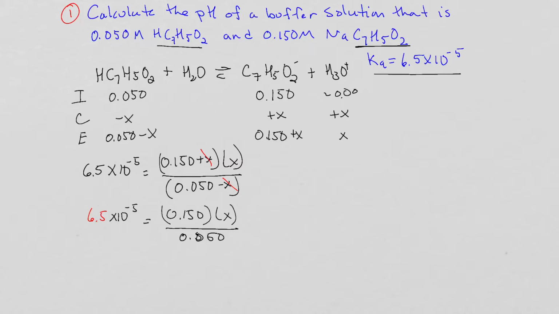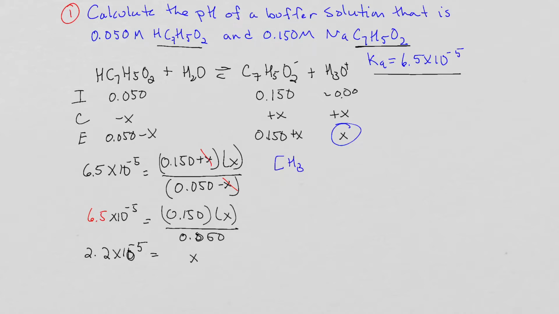So we're going to solve through the math. So you can bring this over here, then divide by 0.15, and we get X is equal to 2.2 times 10 to the minus fifth. Okay, so we have our X value. Now, of course, X is equal to hydronium, which is, of course, what we're interested in.